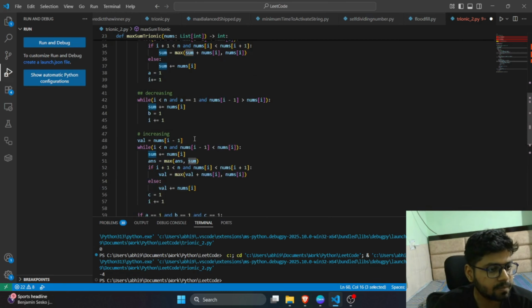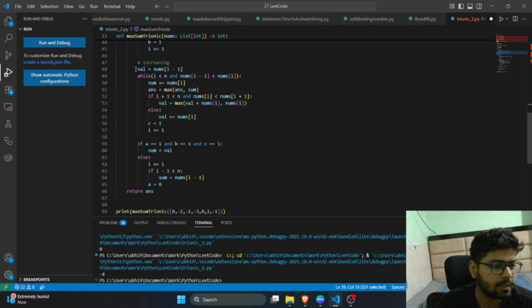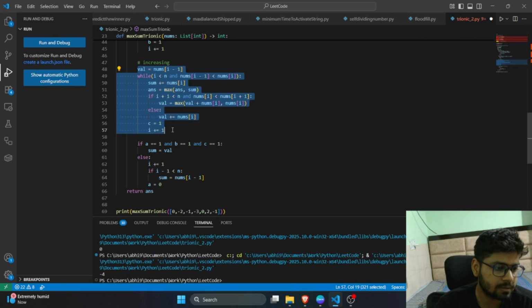So this sum will not be calculated for the first increasing because we have already considered the third increasing as the first increasing.